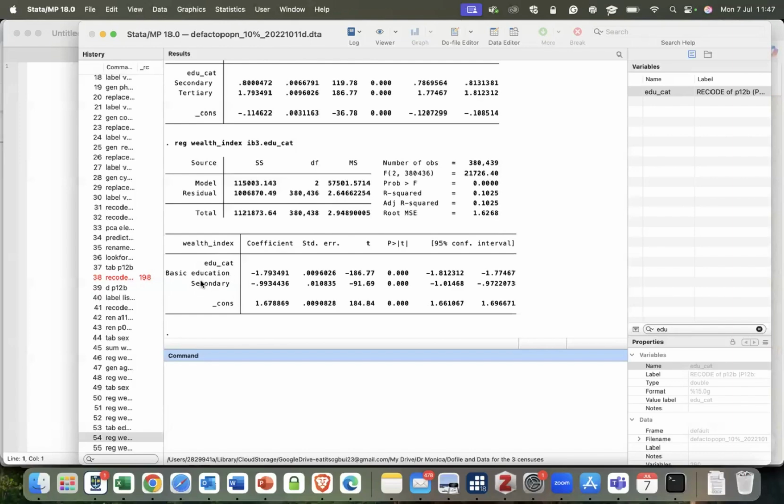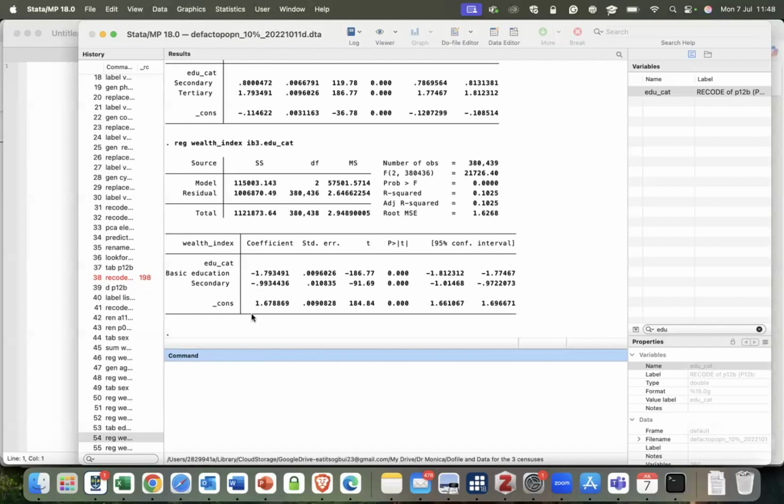And those with basic education have much lower wealth, negative 1.79 units lower, compared to those who have tertiary. And that of secondary, their wealth is lower, but not as much lower as basic education.